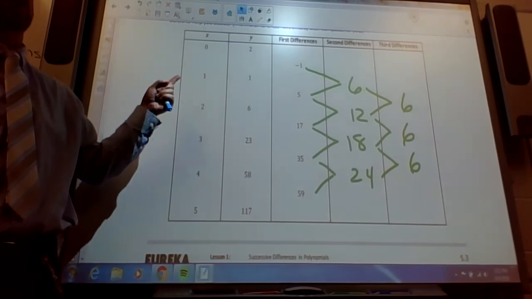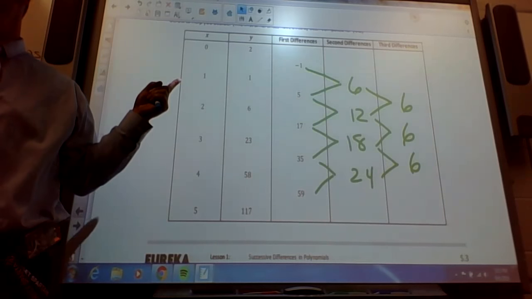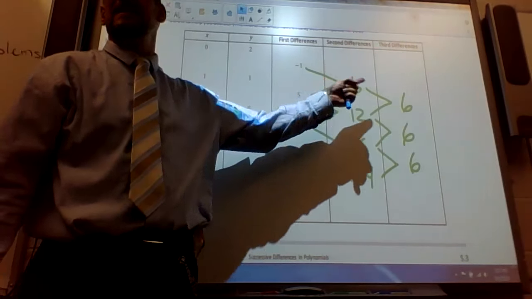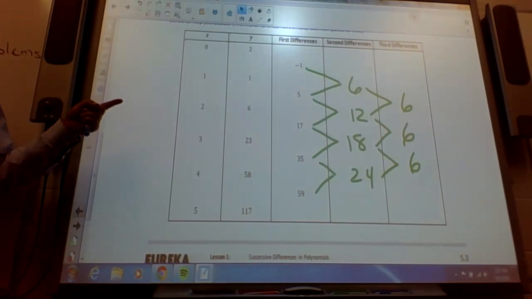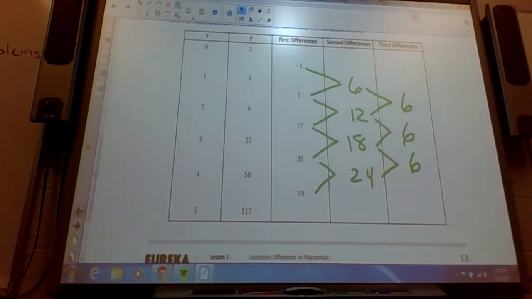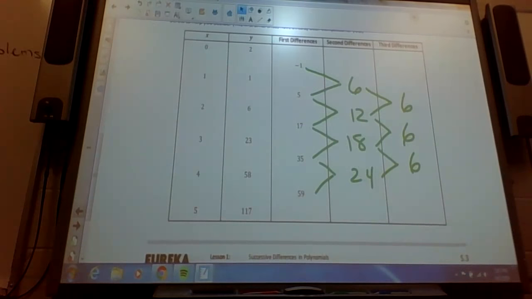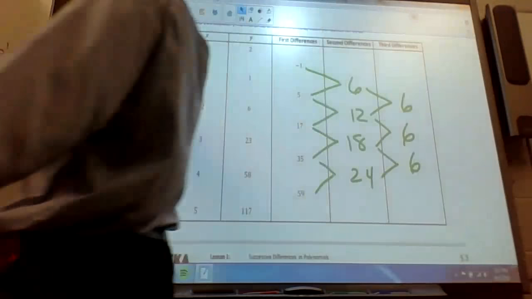Okay, so here's what it's saying. Find the equation that satisfies this chart. So what do you know? You know the third difference is 6, right?